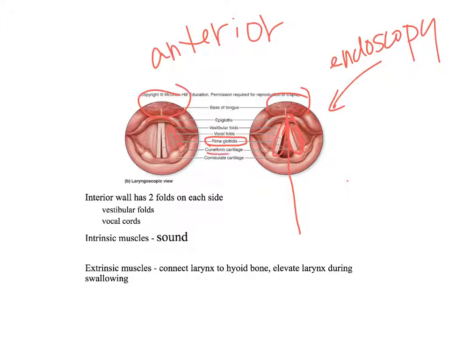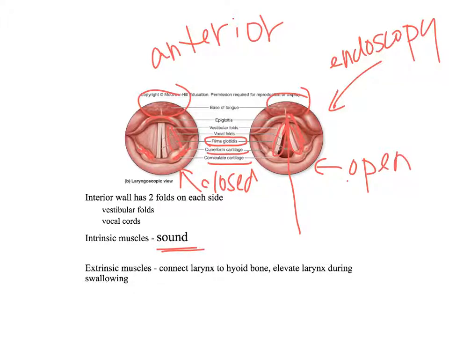The cuneiform cartilage and the corniculate cartilage are attachment points on the back. In this one, the vocal folds are closed, and on this image, they're open. This is where sound comes from.